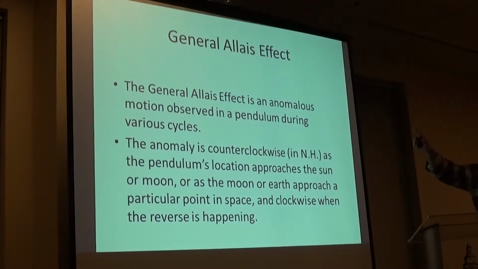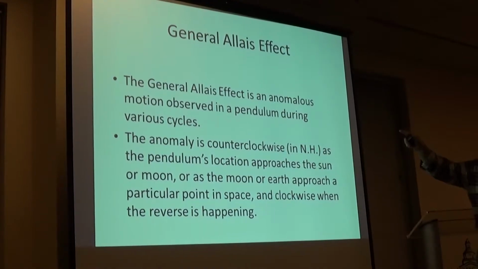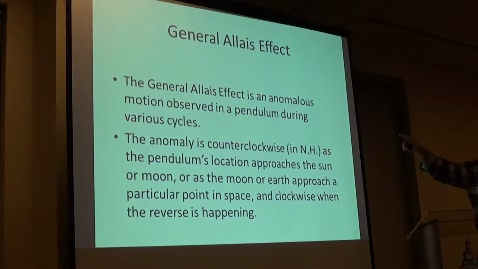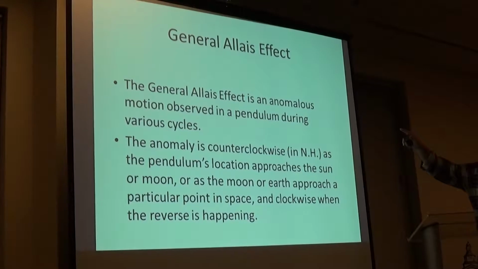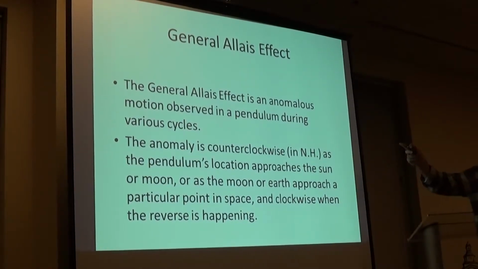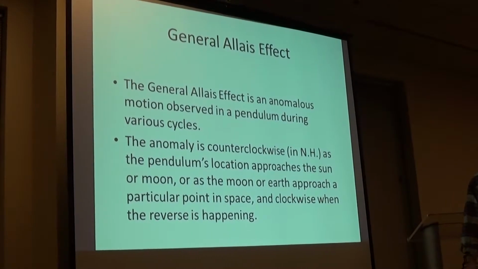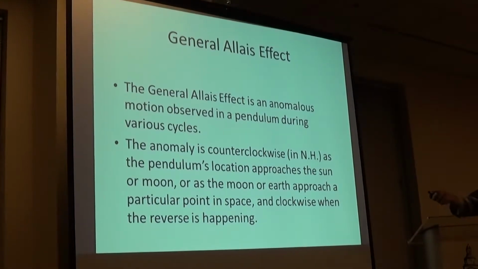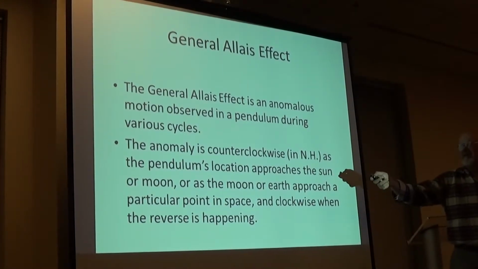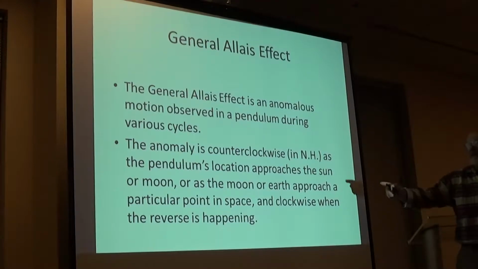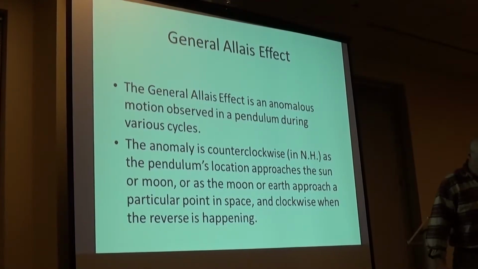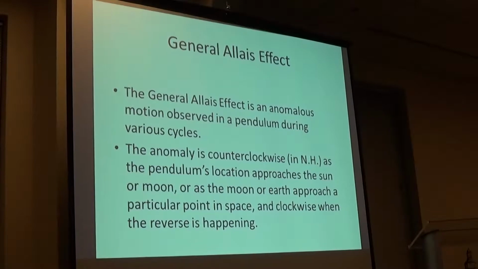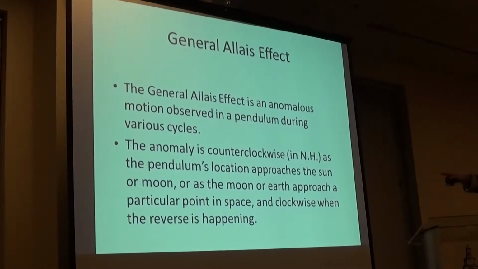You also have evidence for an anomalous precession of a pendulum during other various lunar cycles. In the northern hemisphere, the anomaly is counterclockwise as the pendulum's location approaches the sun or the moon.